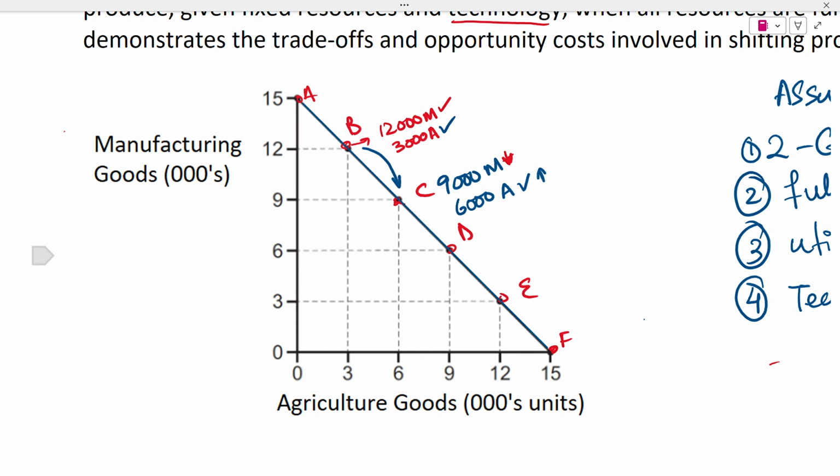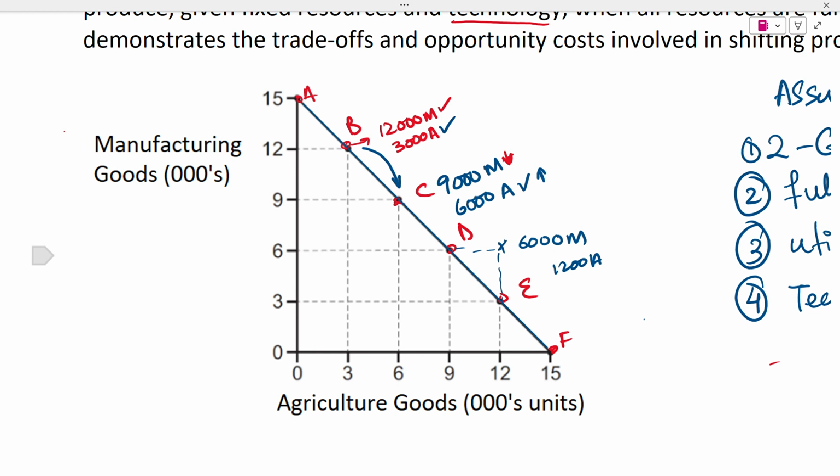Therefore, the points that are outside the PPC are unattainable. For example, let's suppose that we want to produce 6,000 manufacturing goods and 12,000 agricultural goods. But this point, since it's outside the PPC, is unattainable at the moment. So that is how the PPC represents the concept of opportunity cost, the concept of choice, and the concept of scarcity.